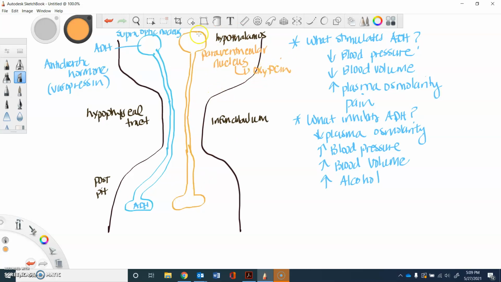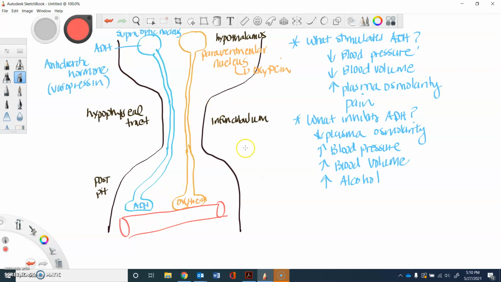So oxytocin is made in the paraventricular nucleus. When it's time, the hypothalamus says, oh, we need oxytocin, then it releases it from those axon terminals into the blood. And I'll go ahead and put a little blood vessel so you can see we're going into the blood system here.